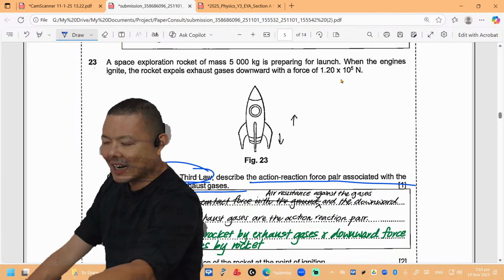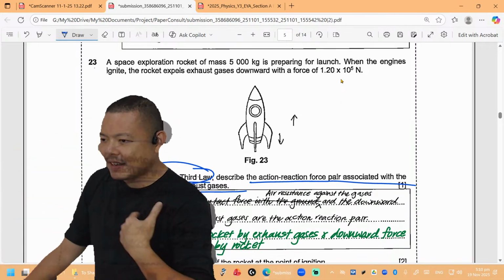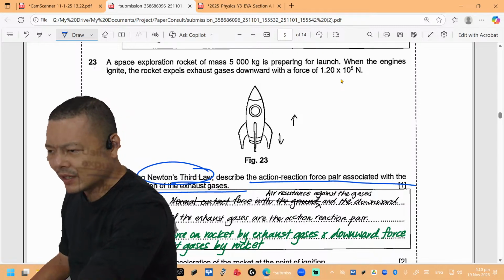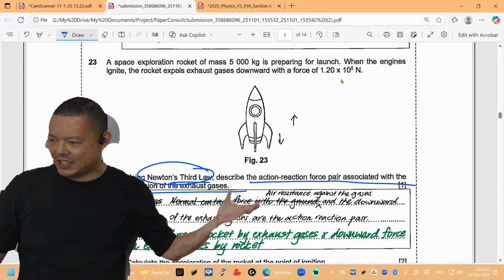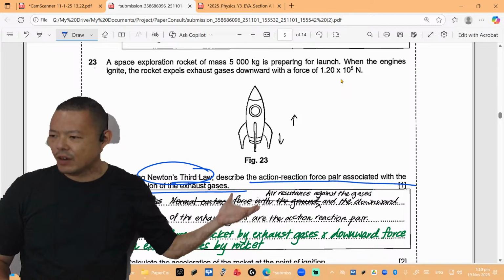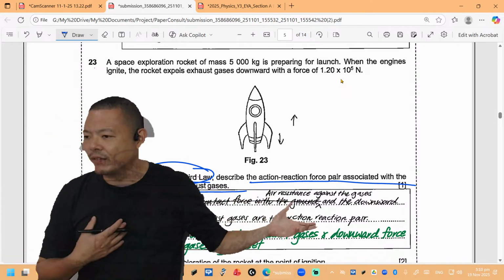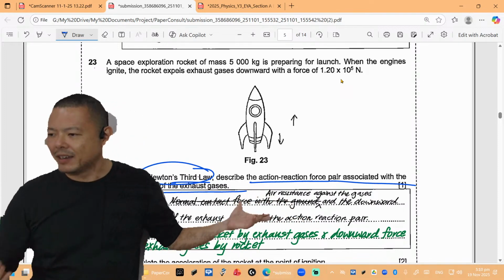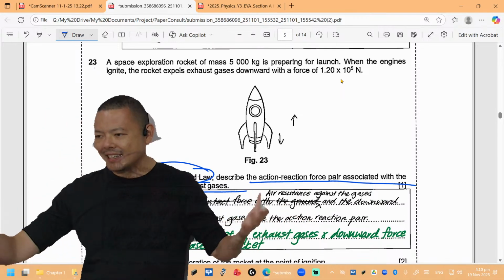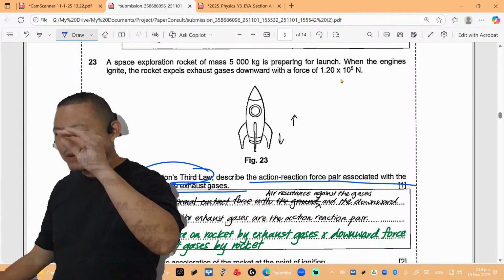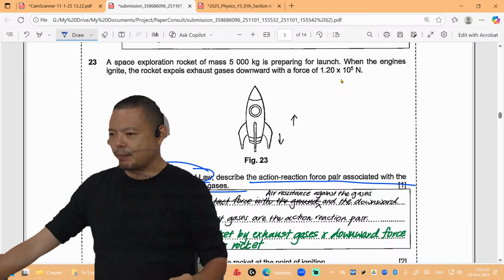Because I can spend the next 7 minutes explaining to you what Newton's third law is about. But I got a feeling you didn't catch it. Or maybe you have a very vague idea of what it is. You might think that it's a very clear idea, but the way I hear you describe it, I think it's a very vague idea. So I want you to be very, very clear on what an action-reaction pair is.